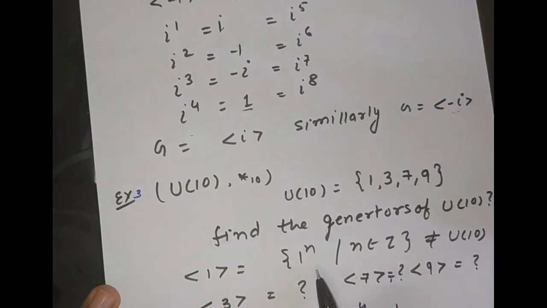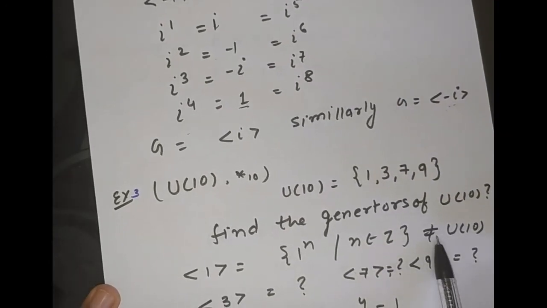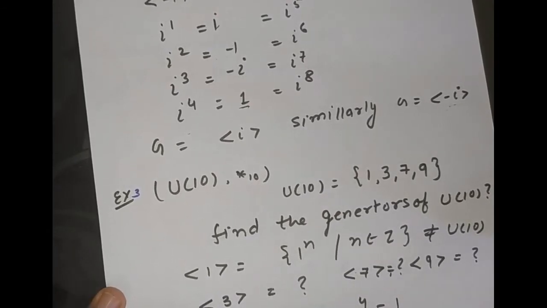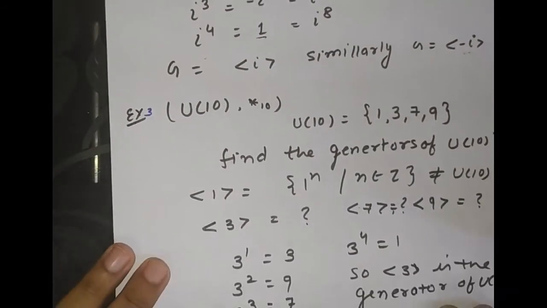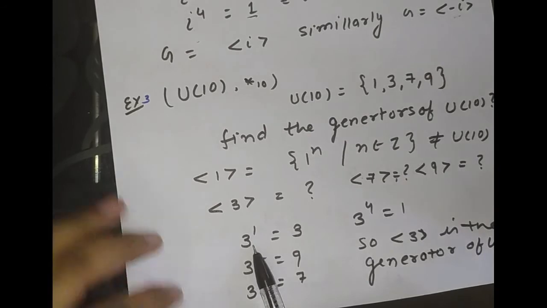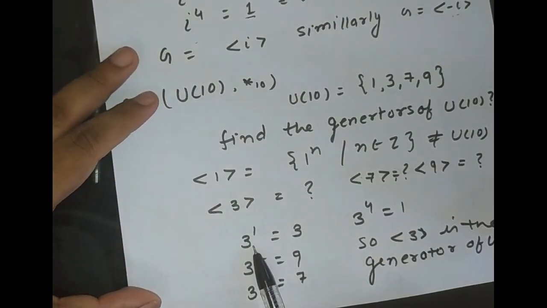So 1 is not a generator of this group. Similarly, check for 3, whether this 3 is a generator or not. Similarly, 7 or 9.